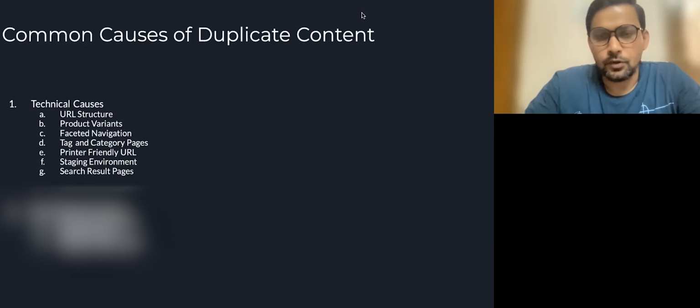Number two, product variants. Product variants are the most common reason behind duplicate content in e-commerce websites, especially in the case of manufacturers who have a limited number of products and want to display every single variant as an independent product under their category.